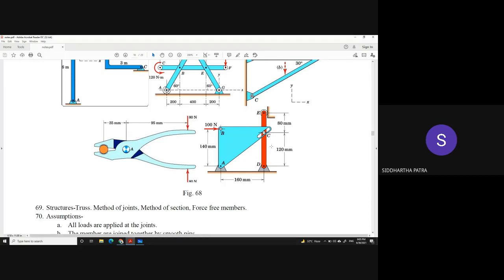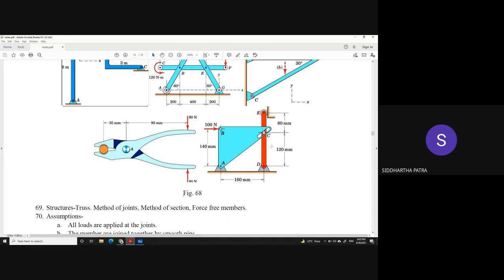Now this assembly can translate rigidly in X and Y and rotate about the Z axis rigidly. But in addition to those rigid motions, where the assembly moves like a rigid body, one member can have relative motion with the other. For example, the member DCE can have relative motions with respect to ABC.